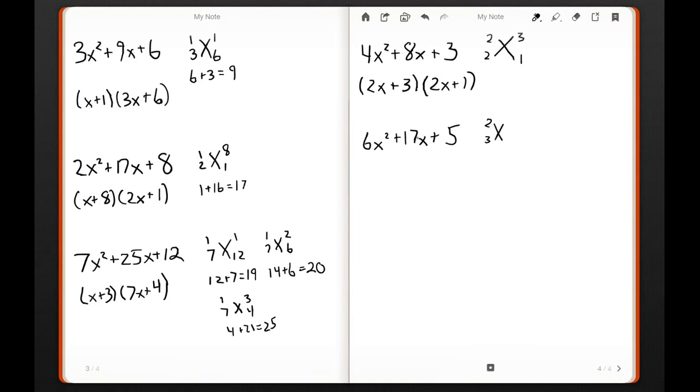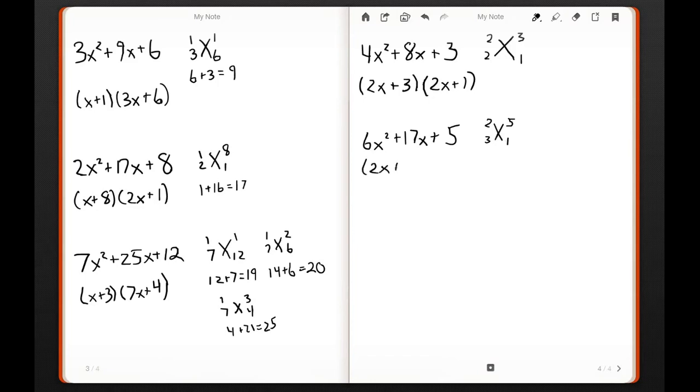Now, let's see if we can quickly get to 17. If we were to put the 5 here, that would only give us 10, and then the 1 would be here. 3 times 1 is 3, so 13. So the 5 has to go on top. 5 times 3 is 15. 2 times 1 is 2, so 17.